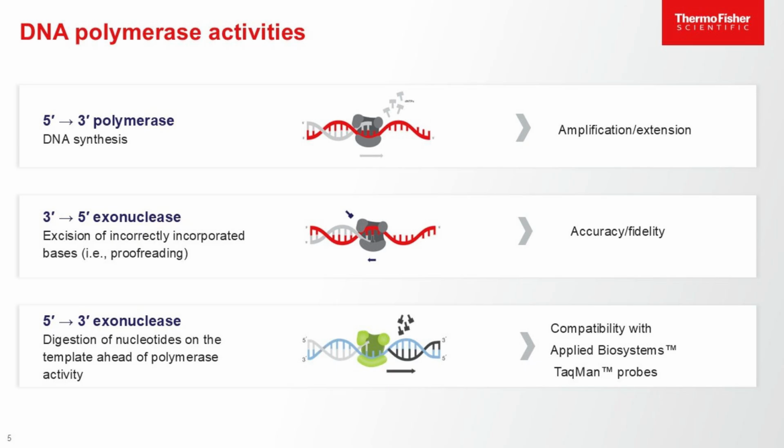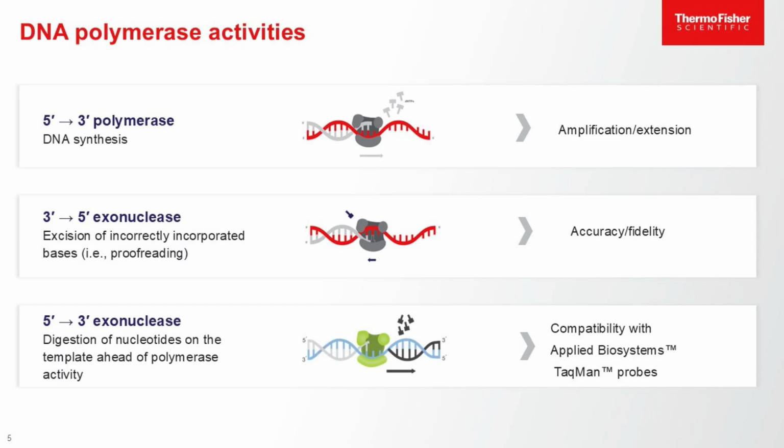Now let's briefly talk about the essential PCR component, DNA polymerases. They possess several critical activities that ensure accurate and efficient DNA amplification. First one is polymerase activity, which allows the DNA polymerase to add nucleotides to the growing DNA strand in the 5' to 3' direction.